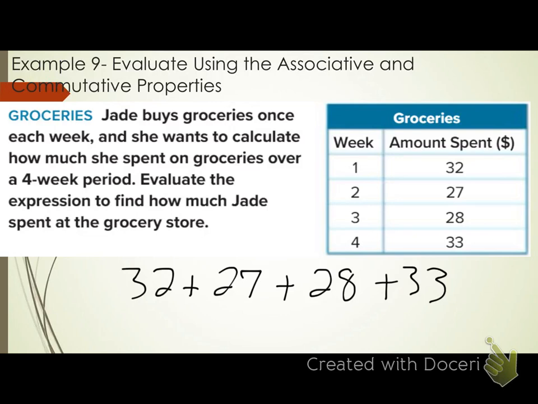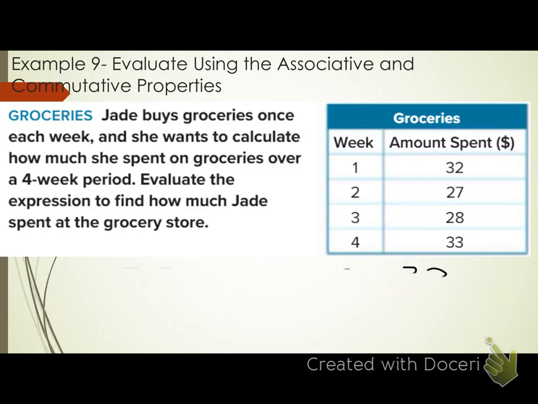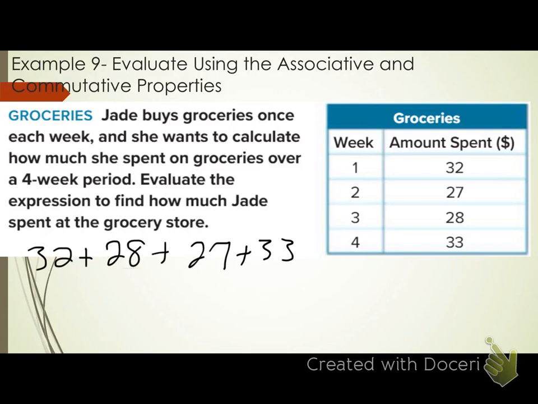So, the commutative property tells me that I can change the order of my addition problem to make it a little easier on myself, right? So, I'm going to go ahead and erase this. I'm going to do 32 plus 28 plus 27 plus 33. So there's my commutative property. I change the order in which I'm adding the numbers, right?